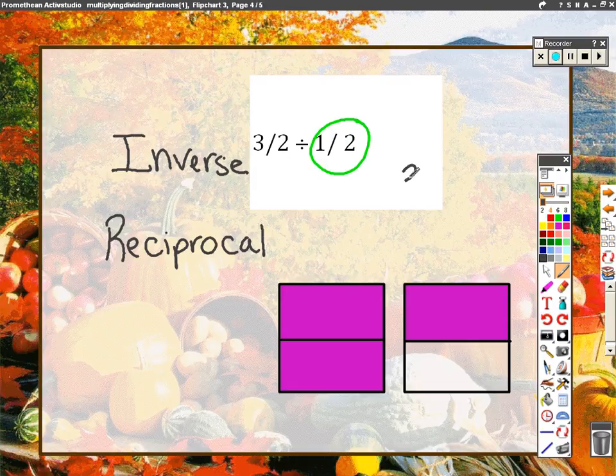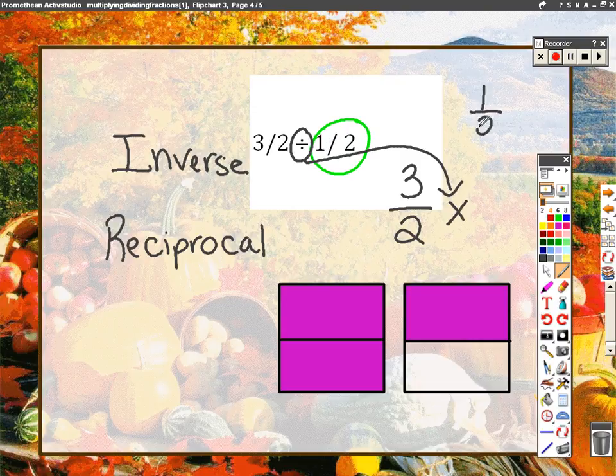So I'm going to keep my first fraction, which is 3 over 2, and I'm going to change division to multiplication. But when I switch to multiplication, I need to use my reciprocal of 1/2. Okay, and the reciprocal, think of it as standing on your head. The reciprocal, we're going to flip. My denominator is going to become my numerator, and my numerator is going to become my denominator.